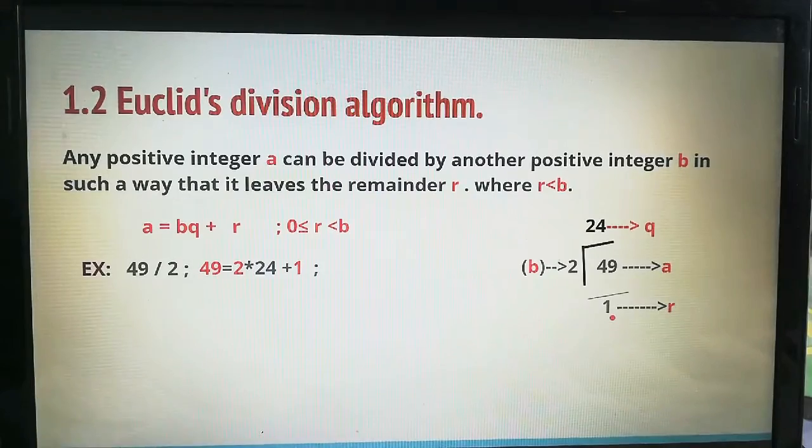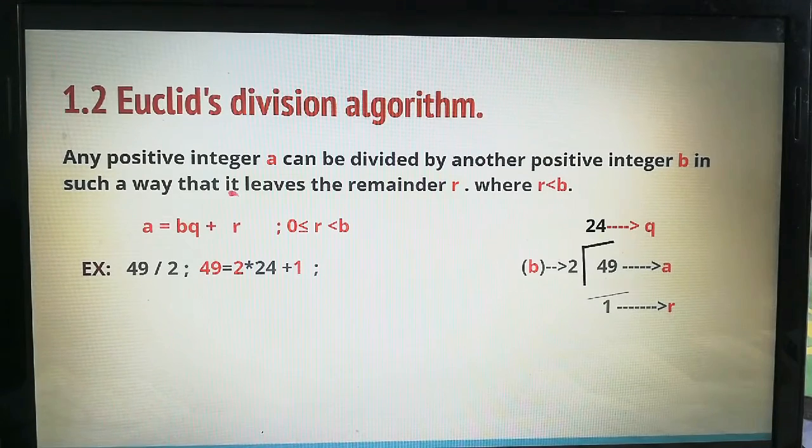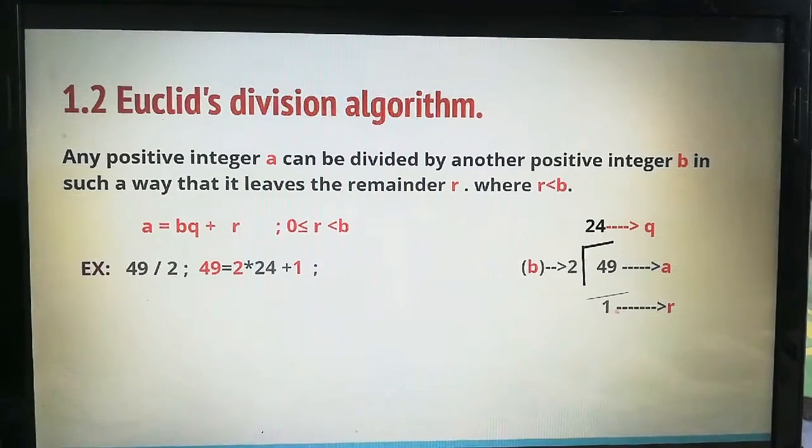If we write in this form, this is a form of Euclid's division algorithm. We can write this as 49 equal to 24 into 2 plus the remaining 1. So it will be in this form.